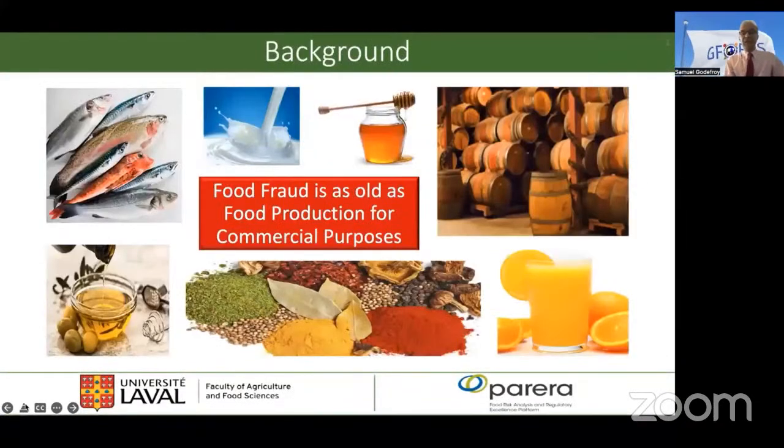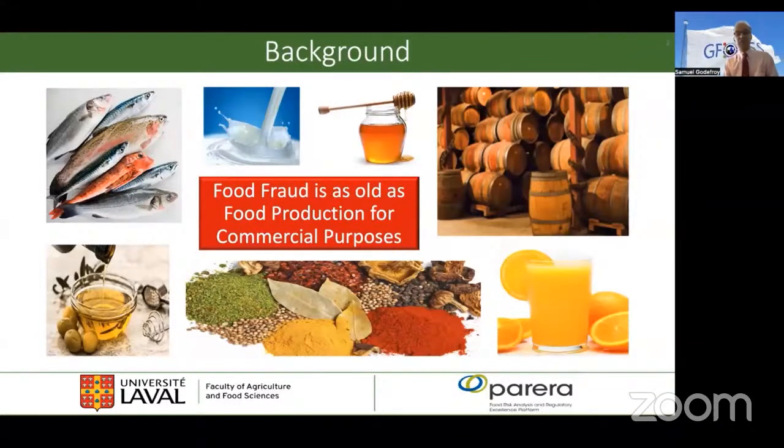Now, food fraud has been witnessed as long as food has been produced and used as an entity for commercial value. So essentially, for as long as humans have been trading food products, we have witnessed incidents of food fraud.